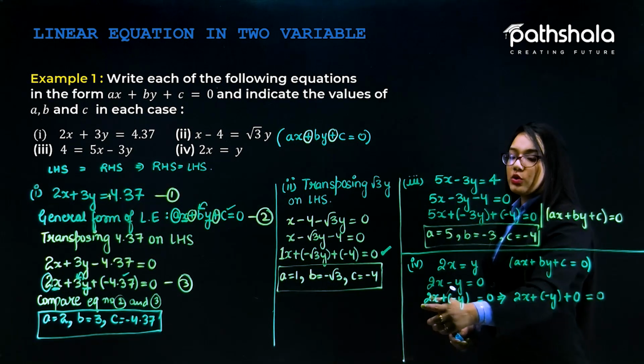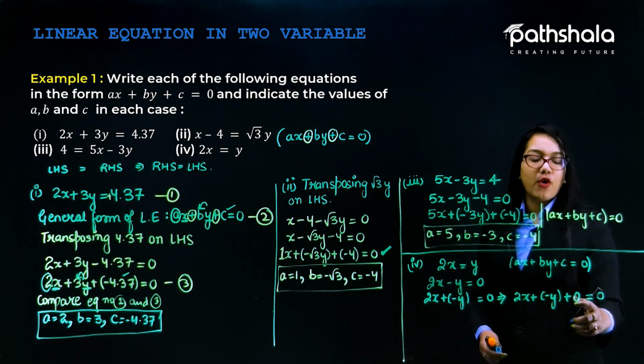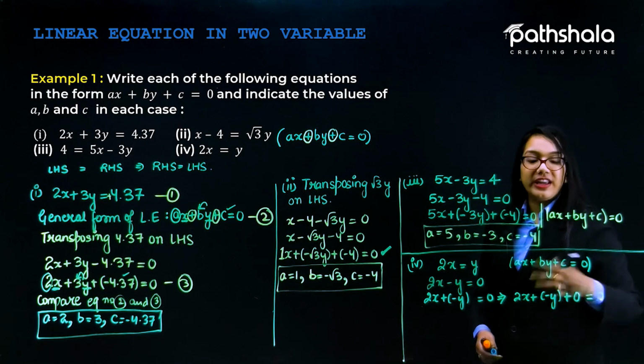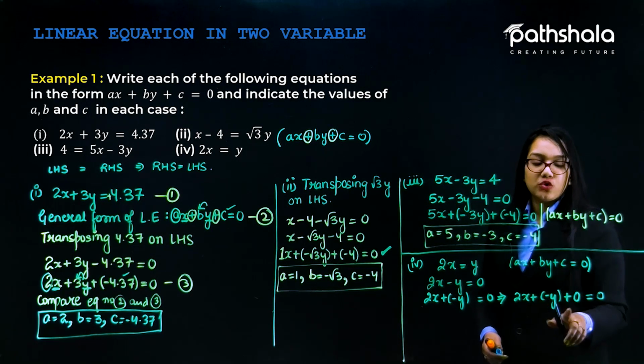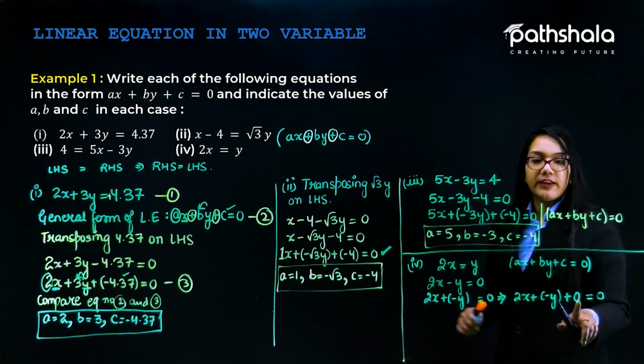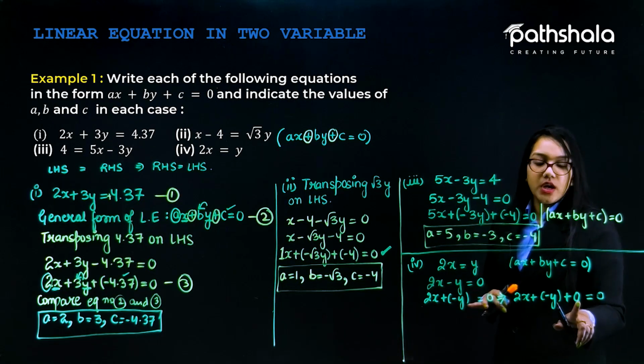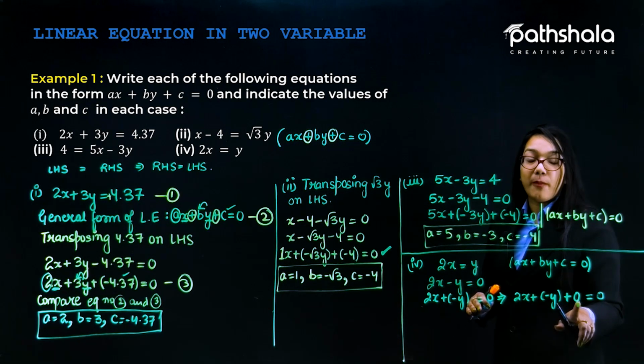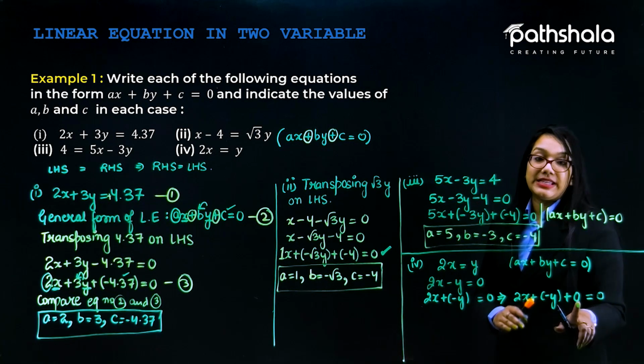Obviously, we can also write this particular equation into this form, because the addition of these terms with the 0 will give these terms again. So addition of 0 will not affect the equation at all. So it means that in case we do not have a constant in any equation of the form ax plus by plus c is equal to 0, always take c as 0 if there is an unavailability of the constant in the equation.